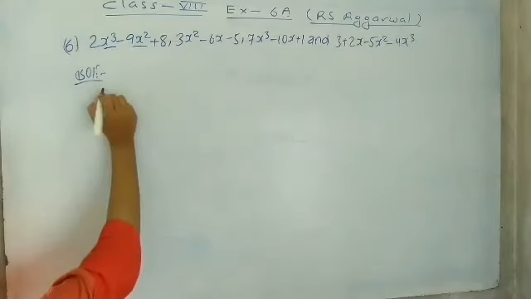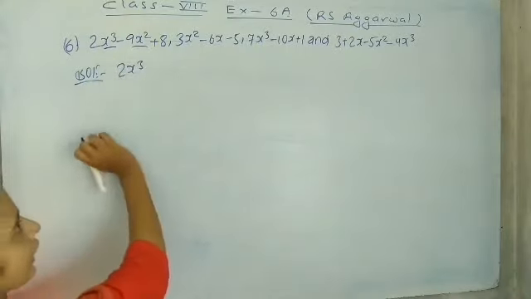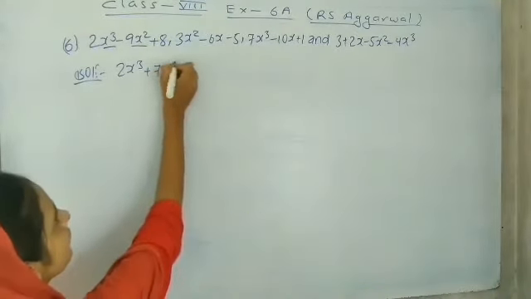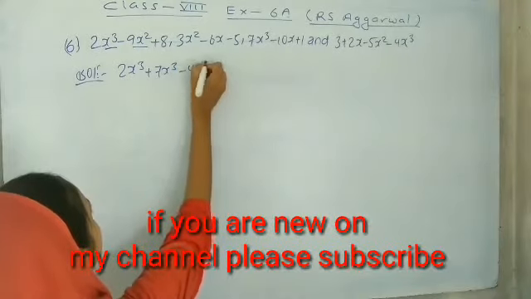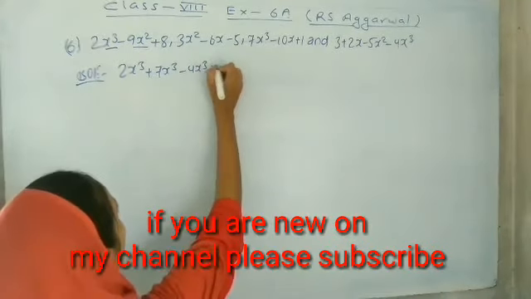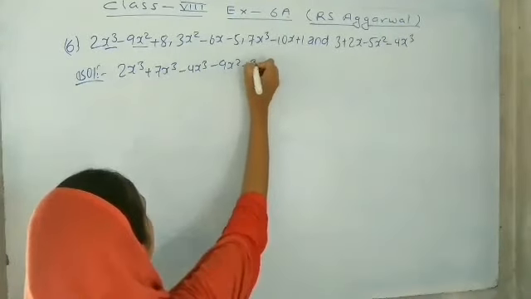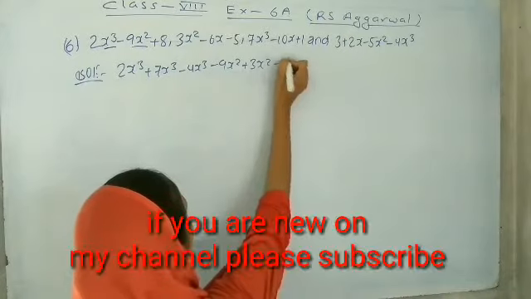The values given, so we will write the x cube terms: 2x cube, plus 7x cube, and minus 4x cube. And x square: minus 9x square, plus 3x square, and minus 5x square.